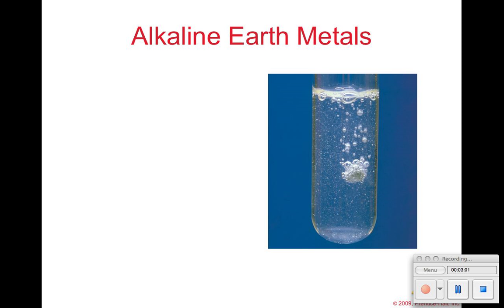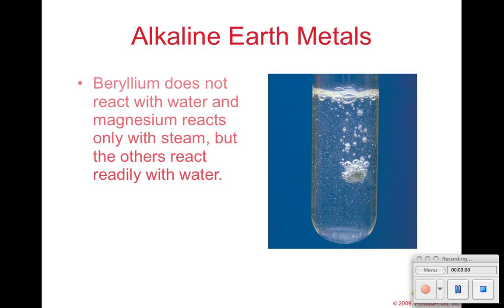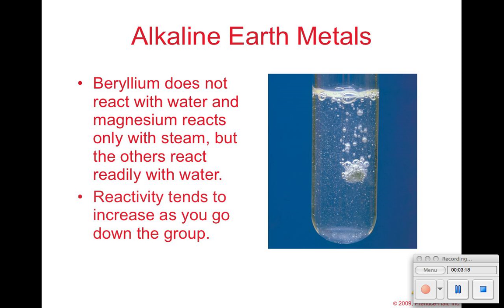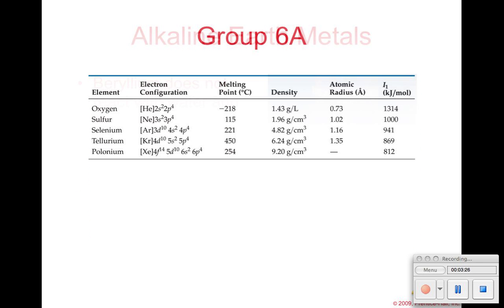So it's still easy to remove 2 electrons, but not as easy as with the alkali metals. The alkaline earth metals react with water, but definitely not as vigorously as the alkali metals. And reactivity tends to increase as you go down the group, the same way the alkali metals behave.